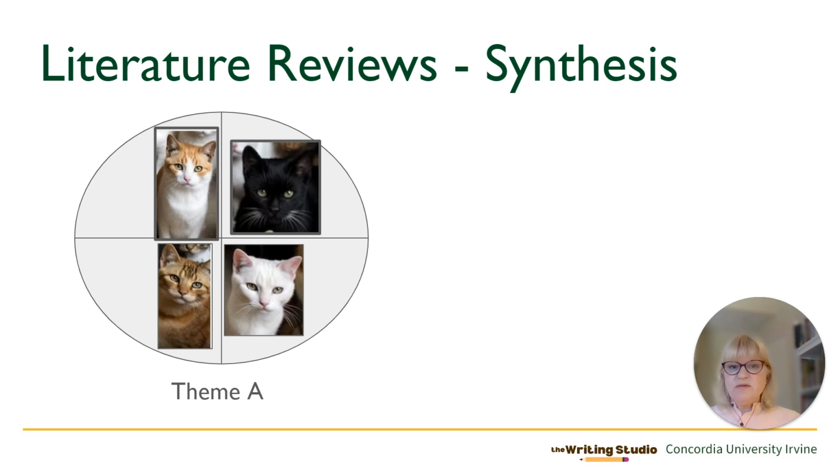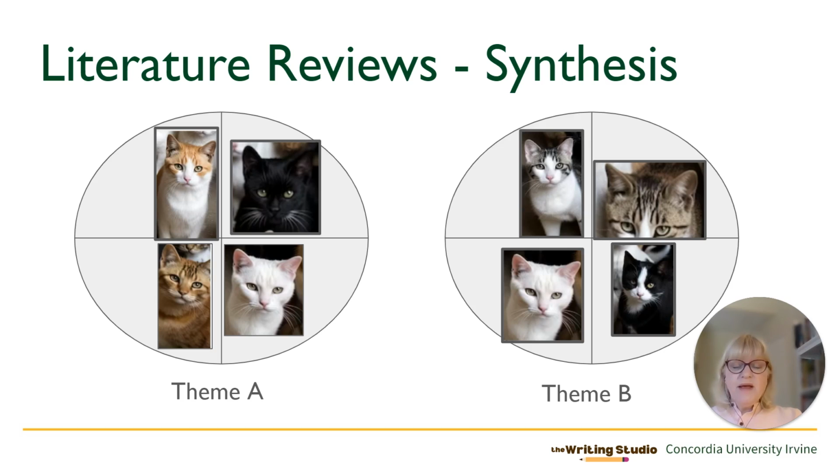And so this is what you're doing in this theme, is showing how these researchers came together and maybe how they differed a little. And then you go on to the next theme and describe how, under this bigger topic, you've got these researchers reporting this sub-theme or this idea that emerged from all of their studies.